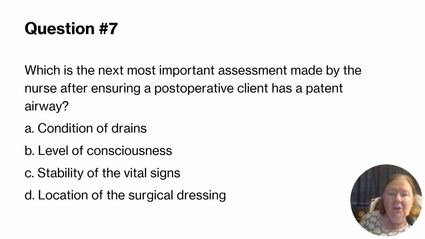So all of those things are checking the circulation of the blood. Airway, breathing, circulation. So assessment in acute situations always follows the ABCs, airway, breathing, and circulation. Respirations and pulse reflect the cardiopulmonary status of the client.